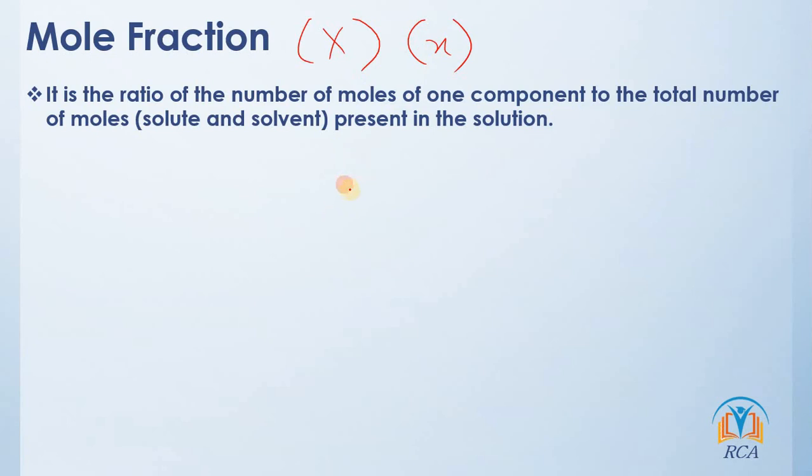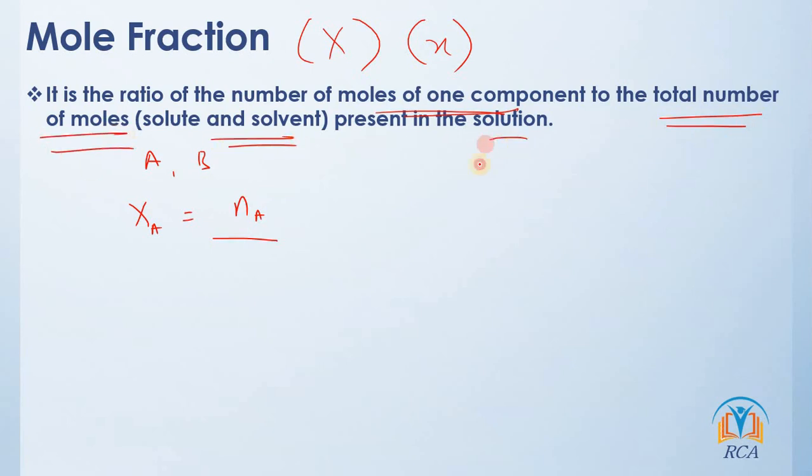So mole fraction will be the number of moles of any one component with respect to the total number of moles of the entire solution. Let's say there are two components in a solution, A and B. If you have to calculate XA, the mole fraction of A, we calculate it by dividing the number of moles of A by the total number of moles of solute and solvent, that is, the solution.